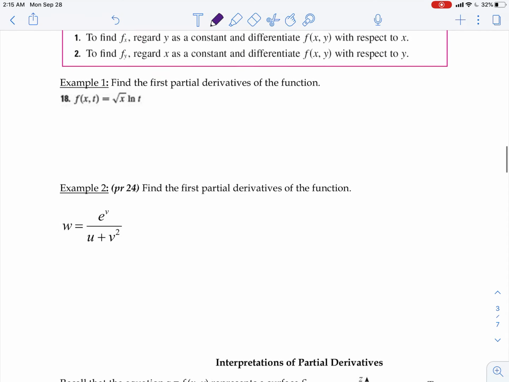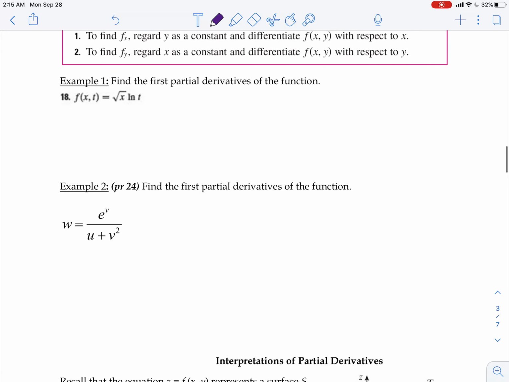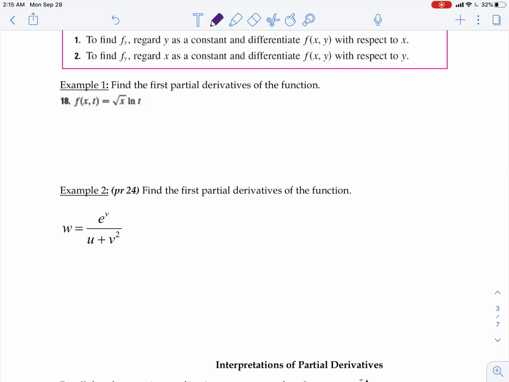So let's go ahead and do example 18. Find the first partial derivatives of the function. We're going to do f sub x first, and then we'll do f sub y. So for f sub x, we take the derivative with respect to x. We have x, the square root of x, times natural log of t.